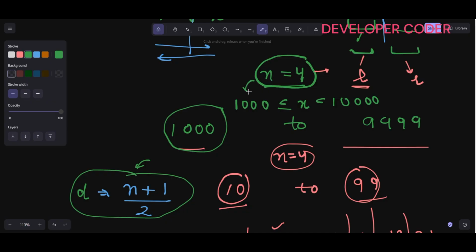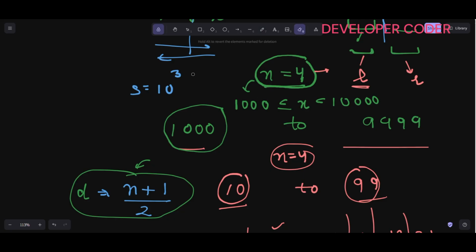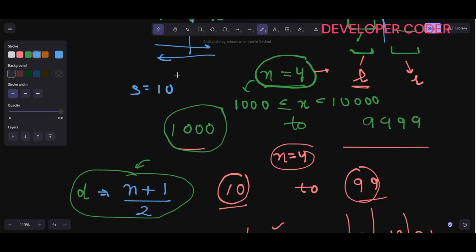My start is going to be 10 raised to power 3, so I can write it as 10 raised to power n minus 1, and here 10 raised to power n, until here. But for n equal to 4, you are only dealing with this part only.